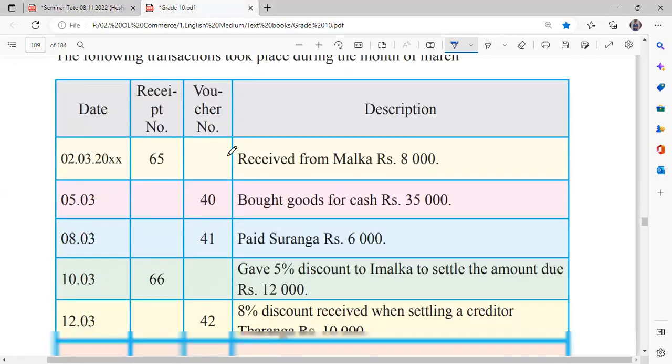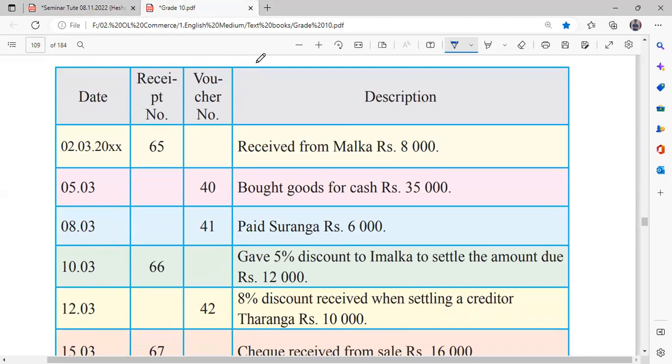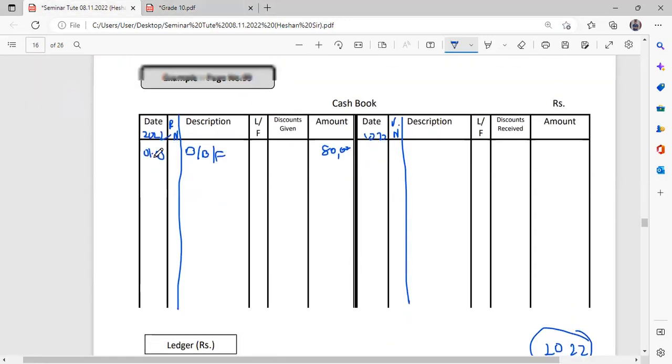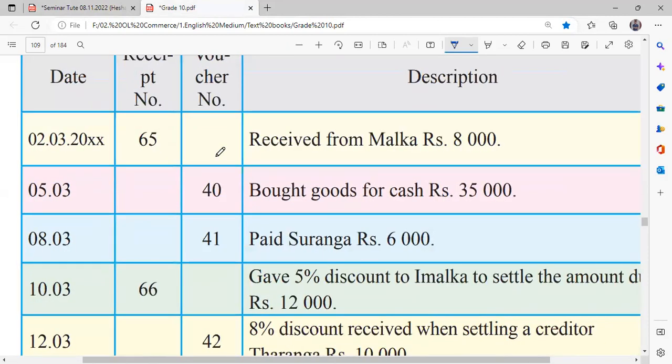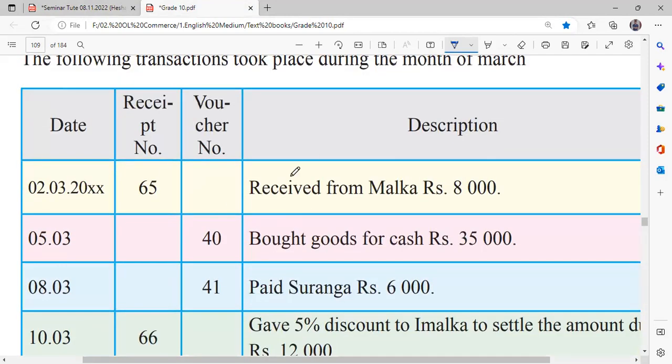On March 2nd, receipt number 65, which means it's a cash receipt, received from Malka 8,000. We record it on the debit side because it's a cash receipt. All the cash receipts are recorded on the debit side of the cash book, and all the cash payments are recorded on the credit side.